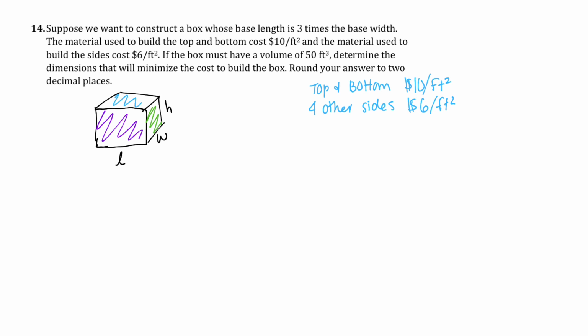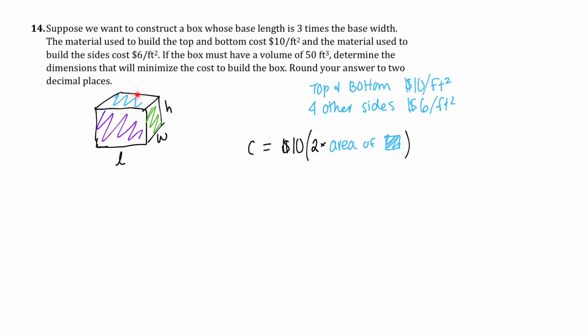What this comes down to when we make the cost function is this. The cost for the top and bottom: you find the area of the blue square, and it's $10 per square foot. You have 2 of these blue sides, so 2 times the area of the blue, because this is the cost per square foot.